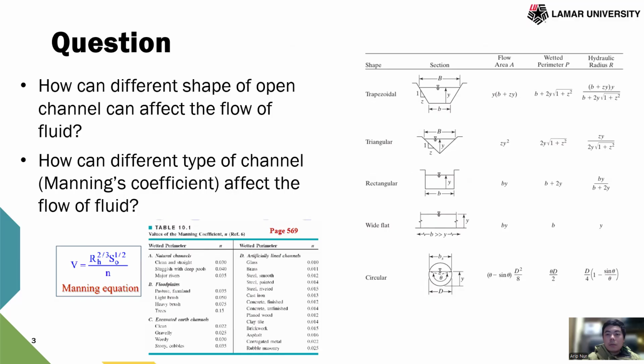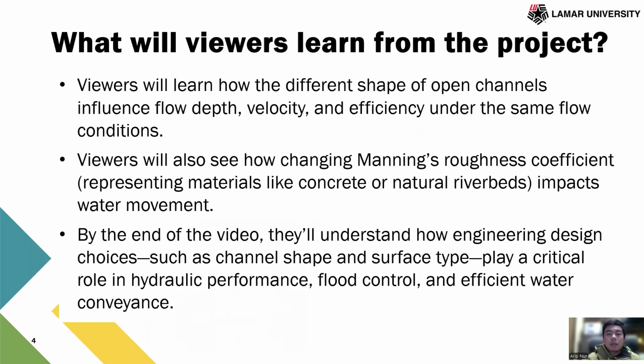And you can see from the table an example of the shapes of open channel and how we can calculate the speed based on the Manning equation with different Manning coefficients depending on the bottom of the open channel.